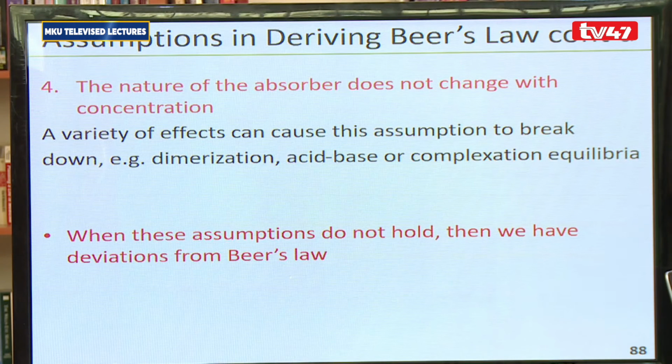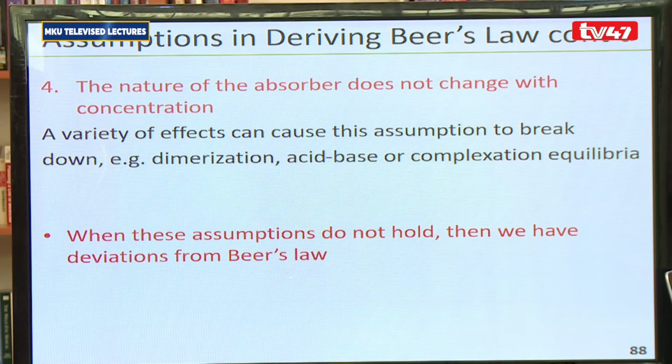We also assume that the nature of the absorber does not change. The absorber remains the same. There is not going to be any reaction, and there is not going to be any dimerization that changes the nature of the absorber, so its absorbance will remain the same. What happens when these assumptions don't hold? Then we have deviation from linearity.